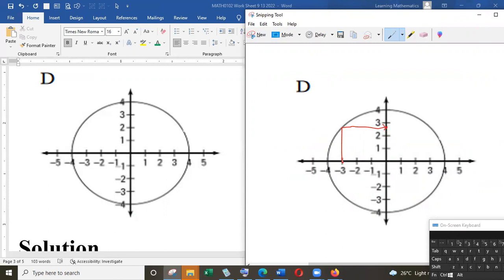And -3 also maps onto this range right there.